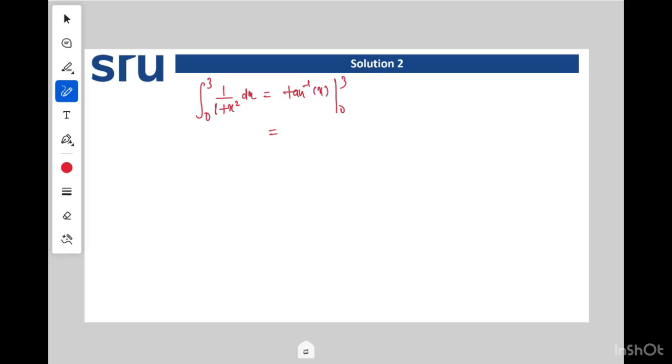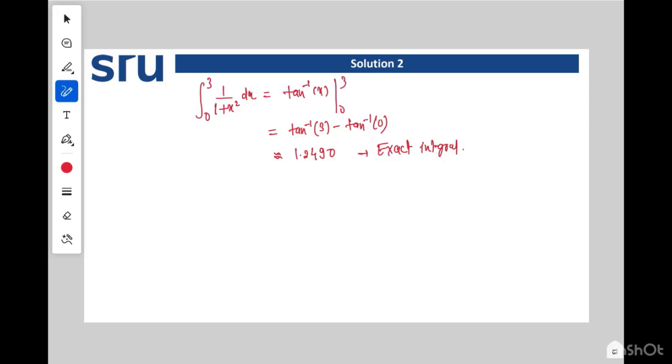It is tan inverse 3 minus tan inverse 0. If you calculate tan inverse 3, then you will get approximately 1.2490, okay. So you can say that this is your exact value, this is your exact integral.